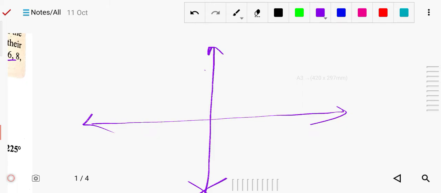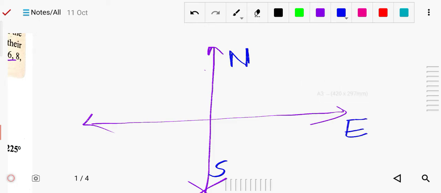This side we are calling north, and at the bottom it is called south. Here it is east, and the left side it is west. In this way we are denoting the direction.